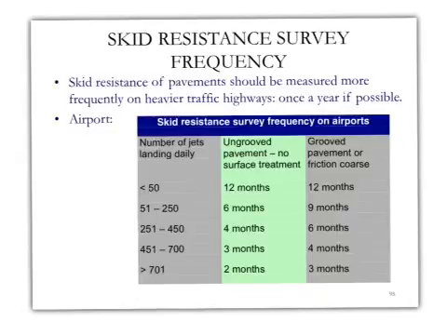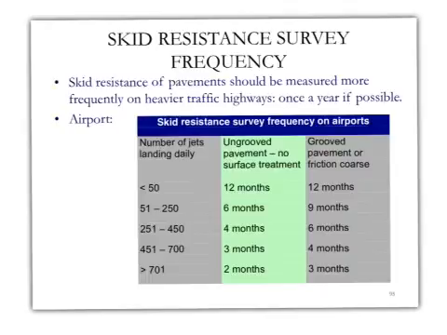So for example, here I'm giving you this table for airports, because airports are even more critical. Skid resistance is more critical while braking and trying to stop the plane during landing, and that's why we have to come up with a criteria. This is the table showing the skid resistance survey frequency on airports, and it's all related to the number of jets landing daily.